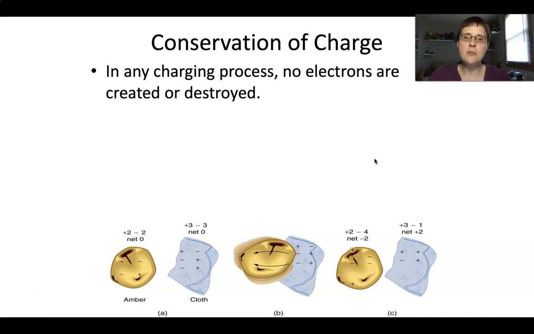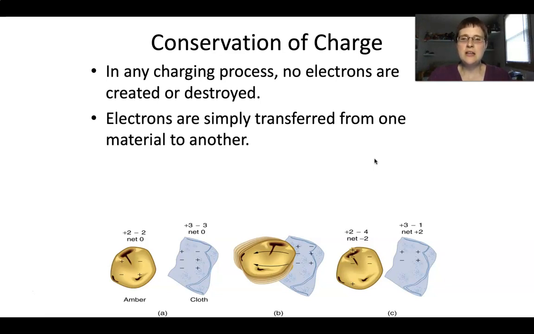They don't just show up. They are just transferred from one material to another or from one atom to another. Charging processes can be what we'll talk about with current electricity, which would be supplied by something like a battery or a generator, or it can be a charging process like you see down here where we rub 2 objects together, and that can create a charge as well.